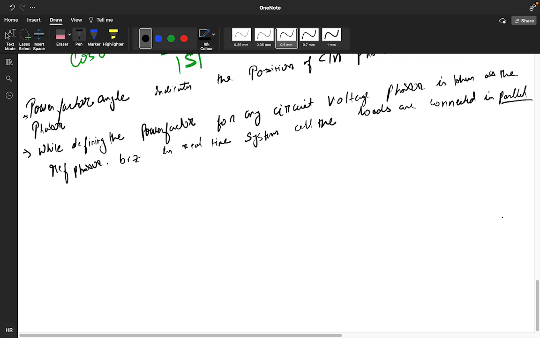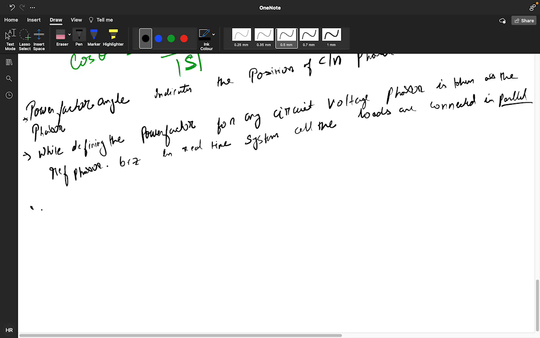So write it down. What is the benefit of a power factor? Wait, just wait.